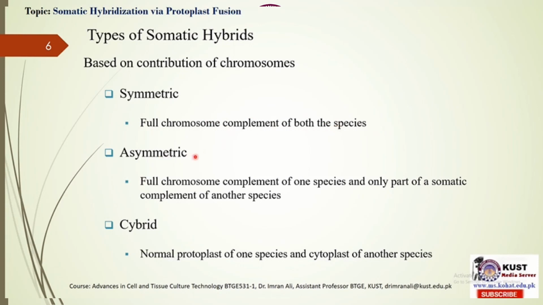In asymmetric hybrids, the full chromosome complement of one species and only part of the somatic complement of another species is present. So, in asymmetric hybrids, one of the parents contributes more compared to the second parent. We also have cybrids. Cybrids are the normal protoplast of one species and the cytoplast of another species.